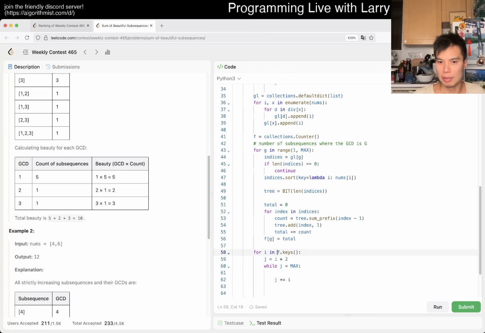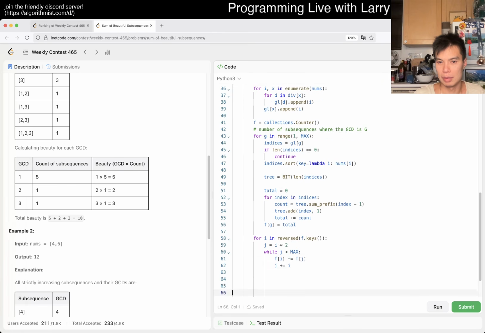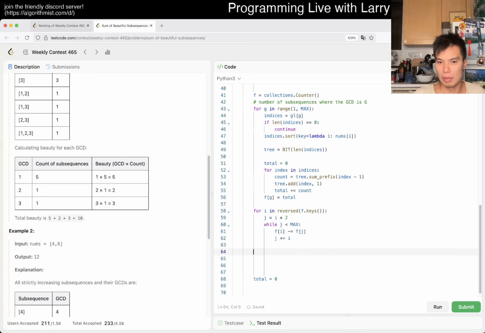We want this reversed, because then now you can go f of i, and this is the unique thing. So total we added by, oh, this is another total though. Just go t total.